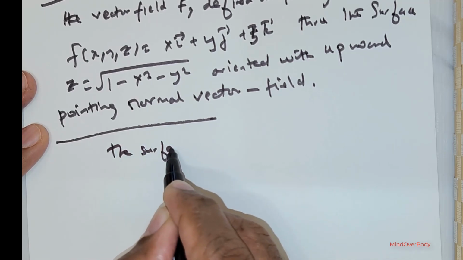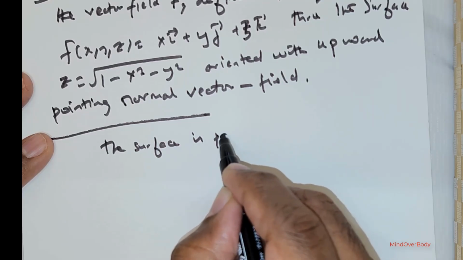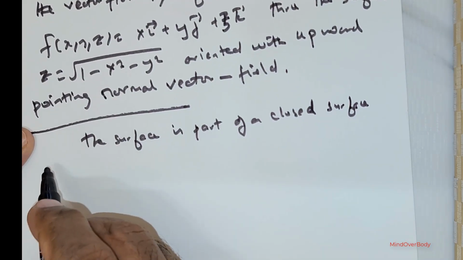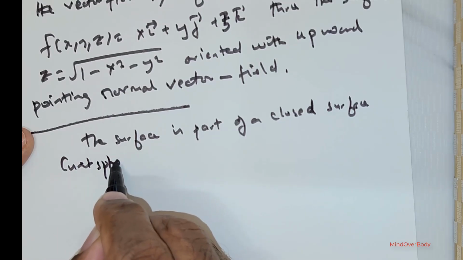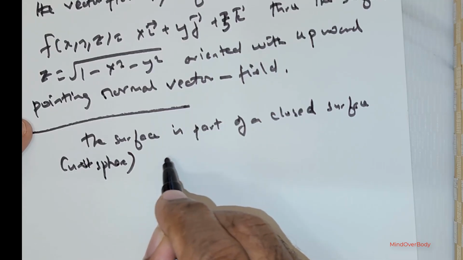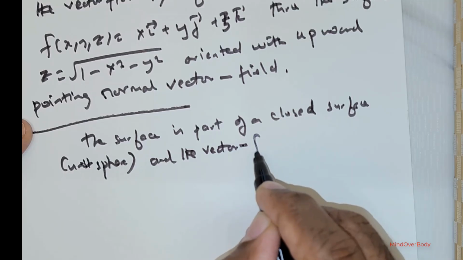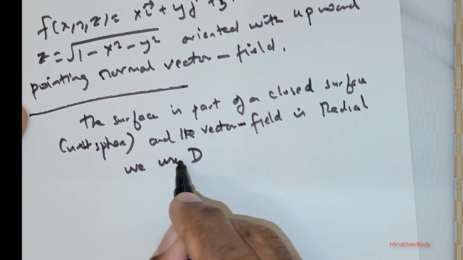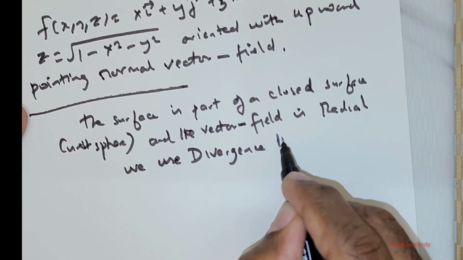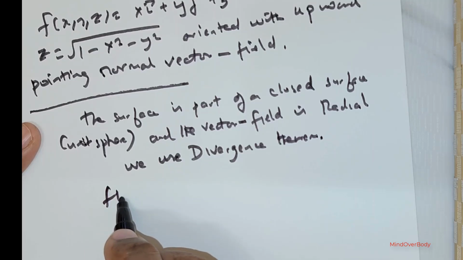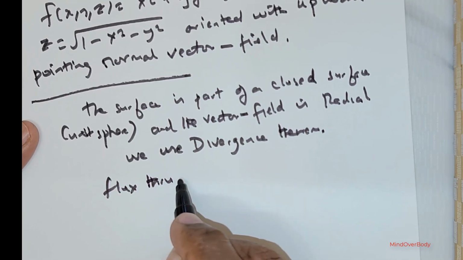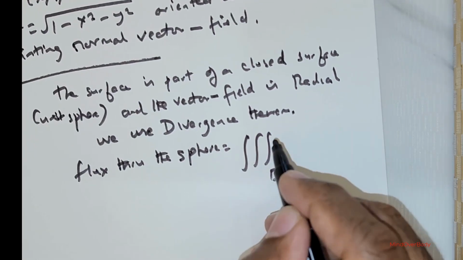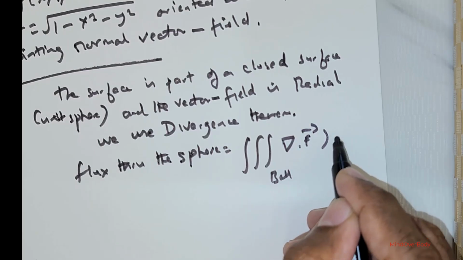The given surface is part of a closed surface, and the vector field is radial, so we use the divergence theorem, which is given by the formula: flux through the full sphere is the triple integral over the volume of del dot F dV.